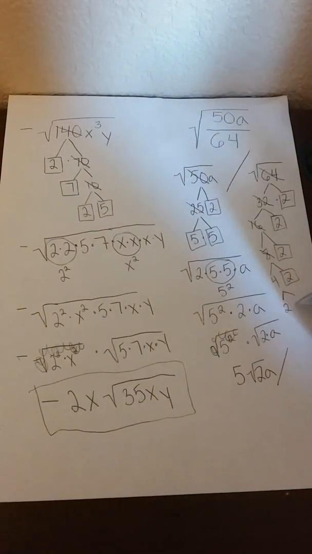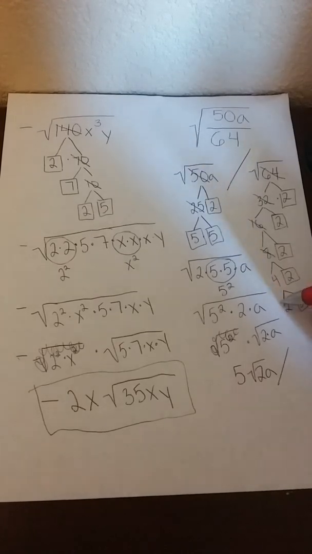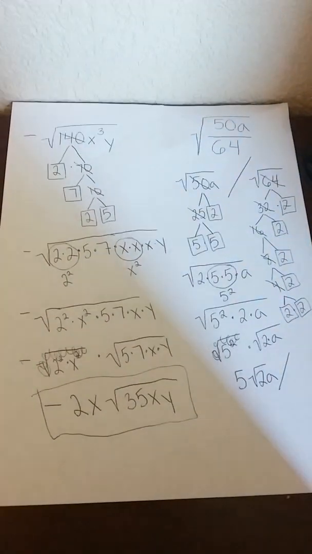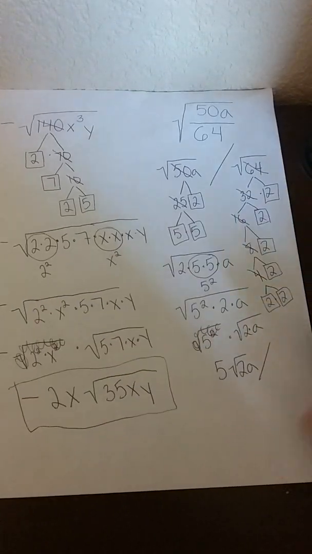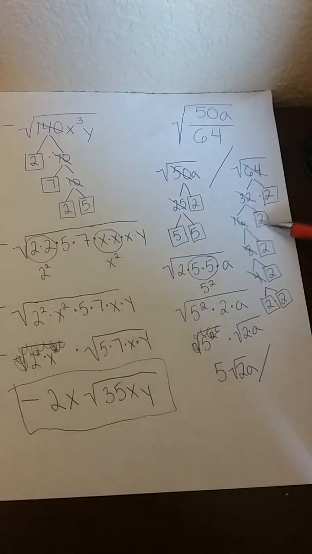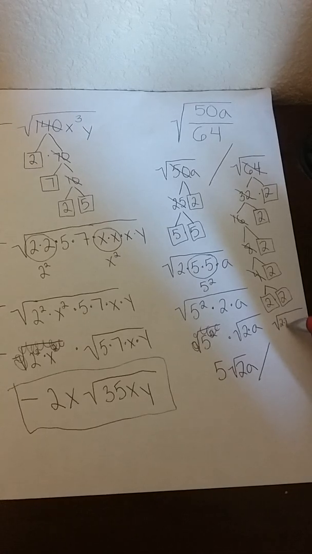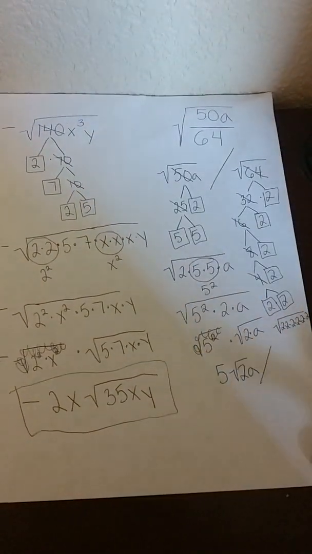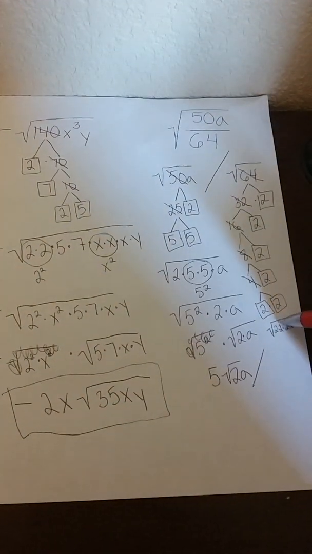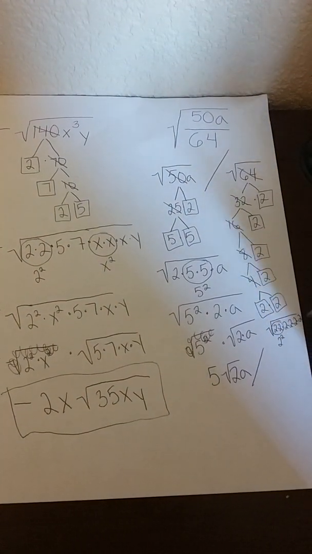And 4 is 2 times 2. So I actually have 1, 2, 3, 4, 5, 6 2's. So this is 6 of them. These ones make 2 squared.